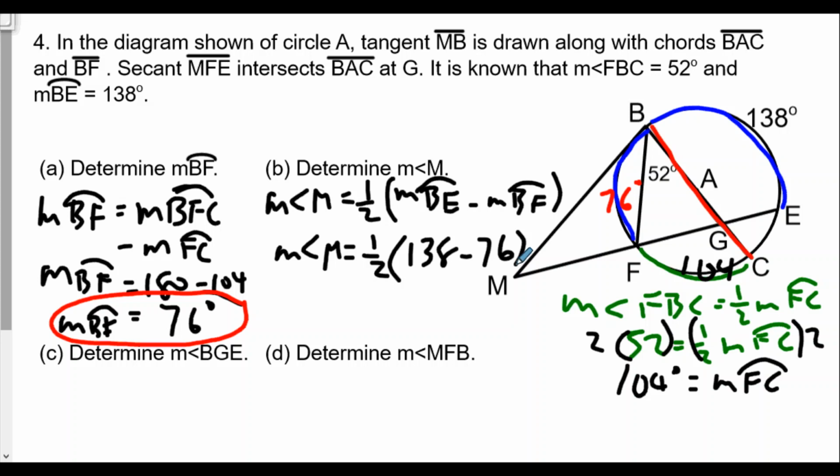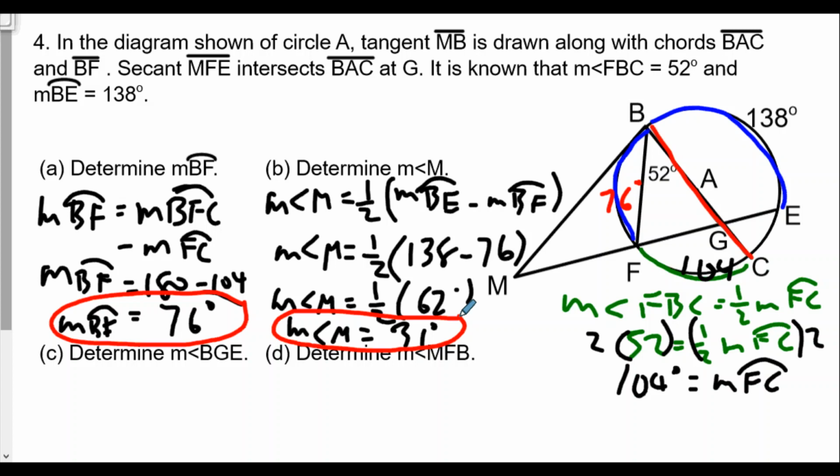So the measure of angle M is equal to 1/2 of 62 degrees. Therefore, the measure of angle M is equal to 31 degrees. So 31 degrees.